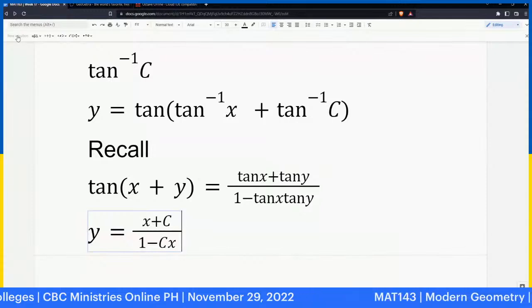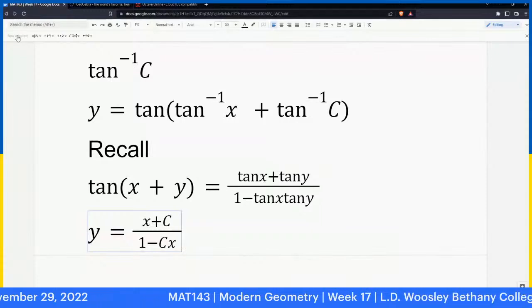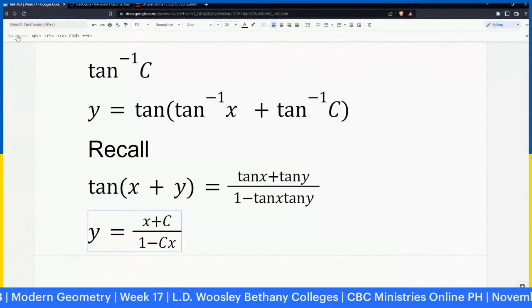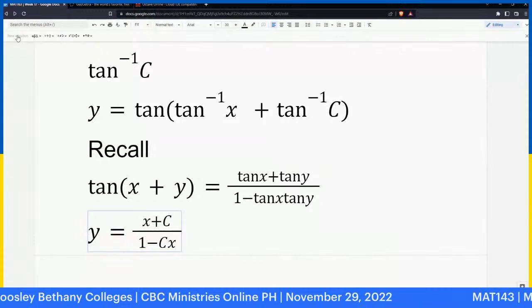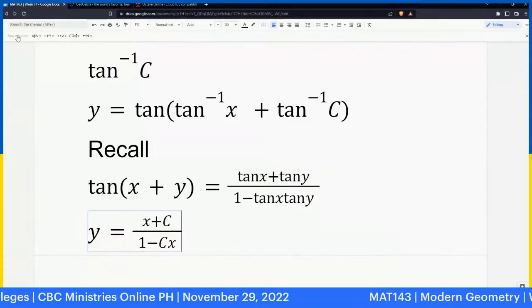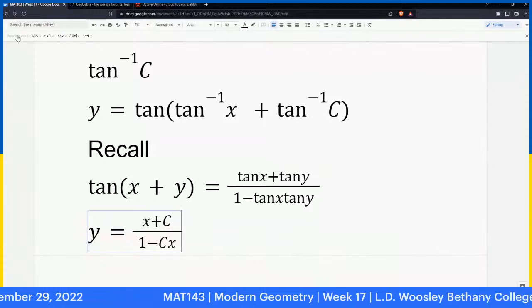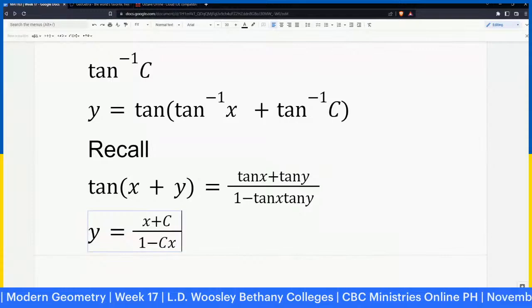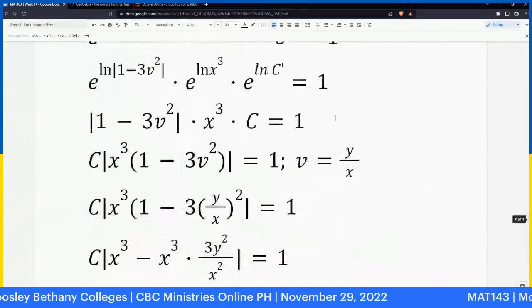Elimination of arbitrary constants, and then variable separable, and homogeneous equation. So those are the coverage. And plus the multiple integration, I will have problems in double and triple integration as well. So that would be the coverage of your take-home exam. Okay, just save this file for your review.